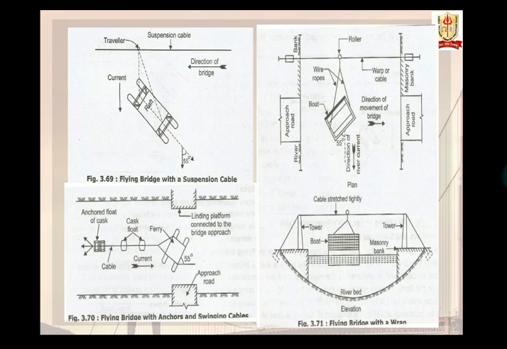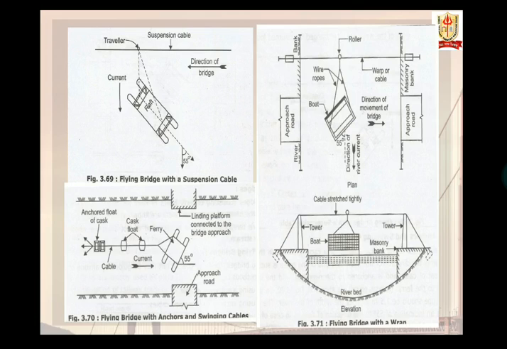In this type of flying bridge, the raft is generally kept in such a position that its length makes an angle of 55 degrees to the direction of the stream, so as to make use of the water current while rowing the raft from one bank to another in a straight path. The ends of the wires are interchanged for the return journey of the raft.